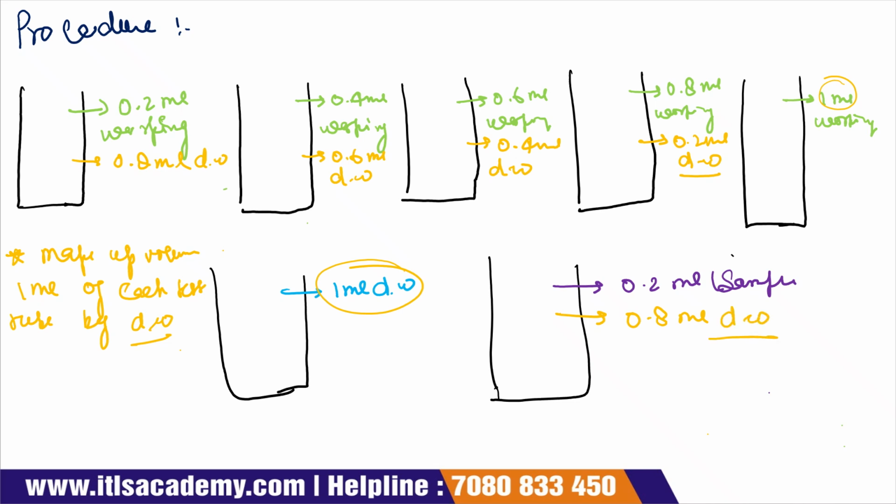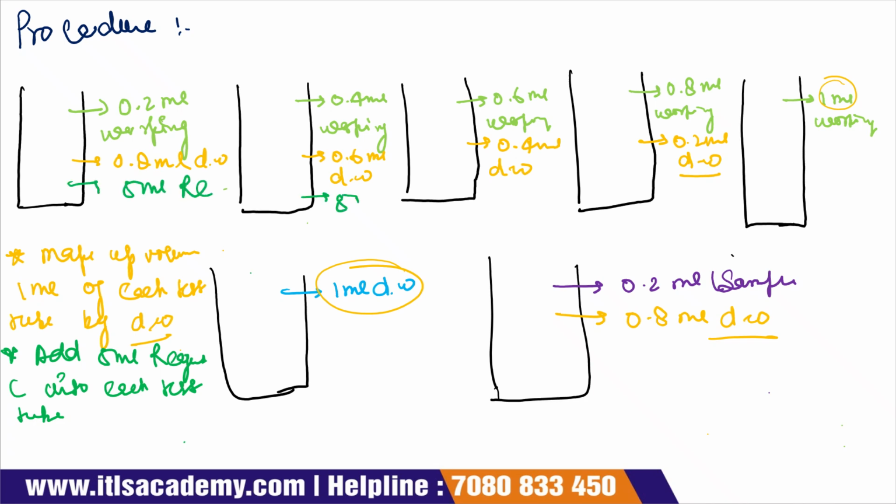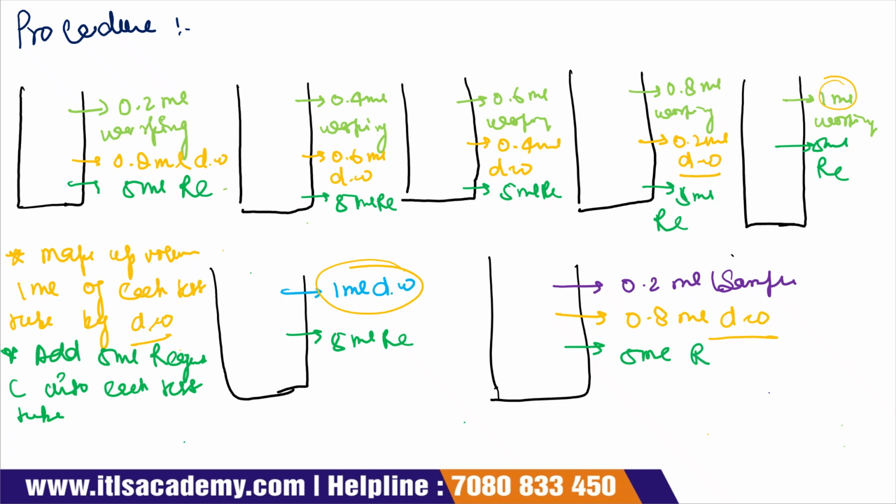Then after that, we have to add 5 ml of reagent C into each test tube, all seven test tubes.